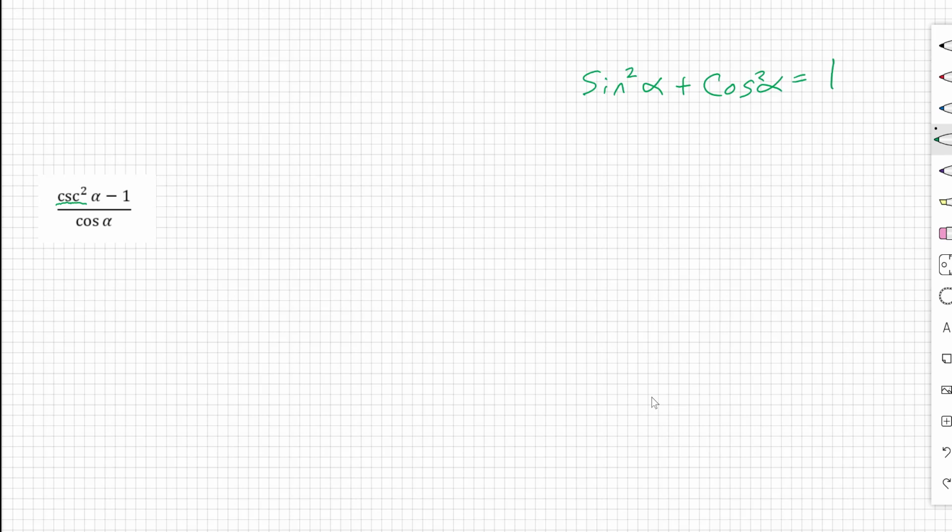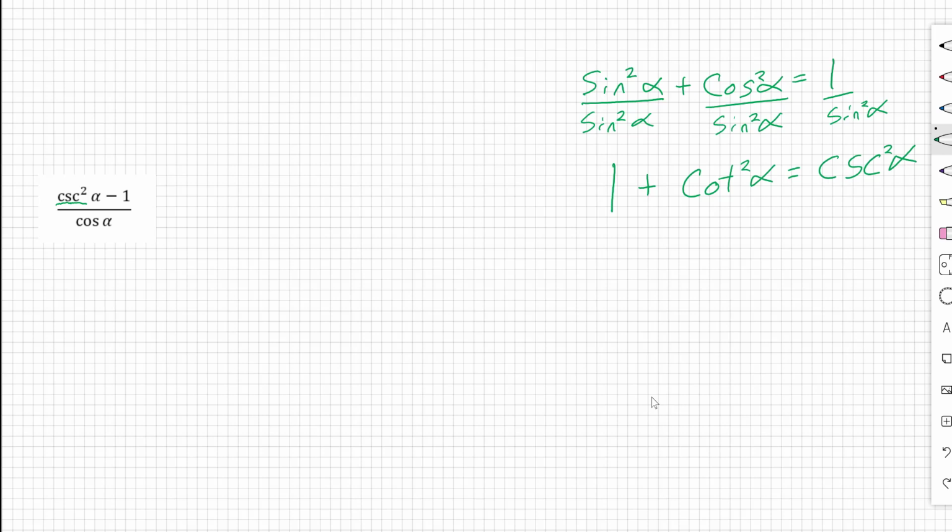So if I divide everything by sine squared alpha, we notice that I end up with 1 plus cotangent squared alpha equals cosecant squared alpha. Once again, I would like to replace this cosecant squared alpha minus 1.